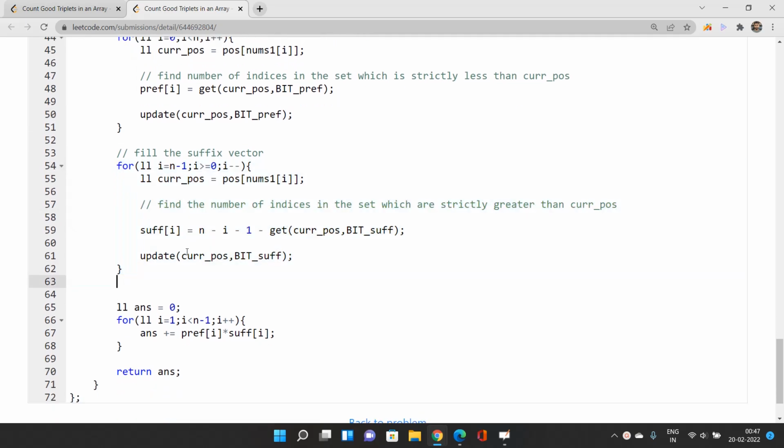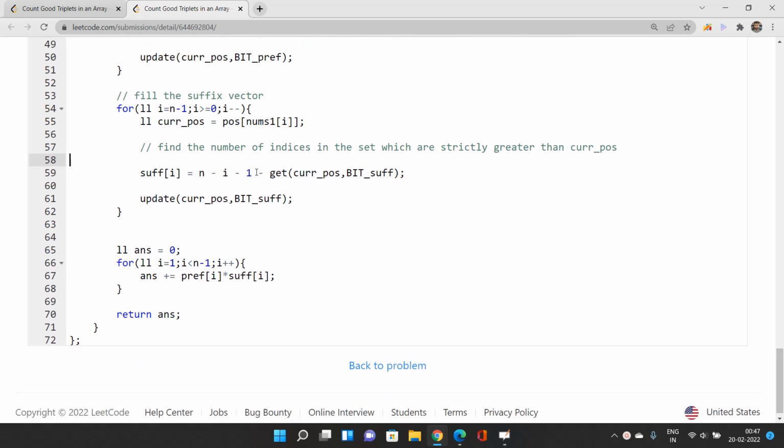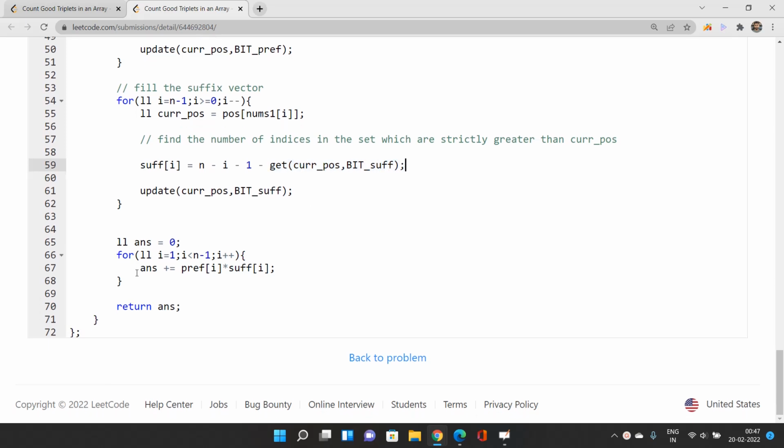Since we need to find the number of indices strictly greater, we will subtract the number of elements which are smaller from the total number of elements currently considered. And our answer will be incremented by pref of I into suff of I for every index, where we fix the current value of b.